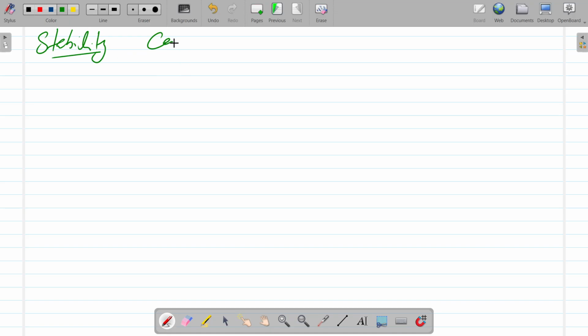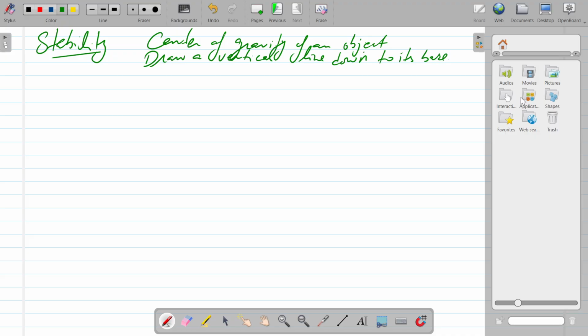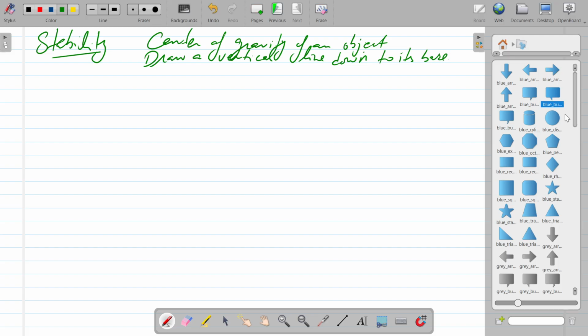So you take the center of gravity of an object, and you draw a vertical line down to its base. And for that we can take a shape, a regular rectangle.